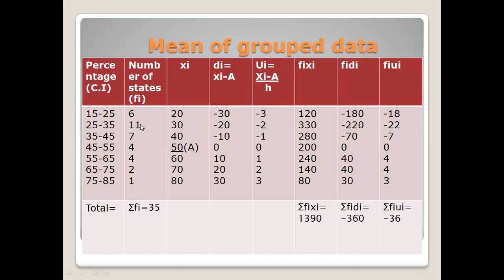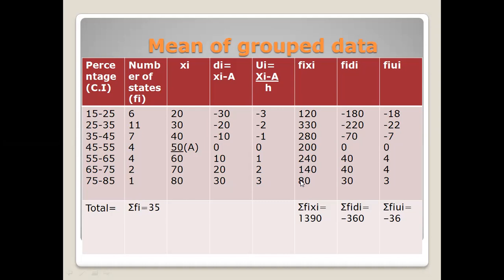Multiply this fi and this xi: 6 20s are 120, 11 30s are 330, 7 40s are 280, 4 50s are 200, 4 60s are 240, 2 70s are 140, and 1 80 is 80.